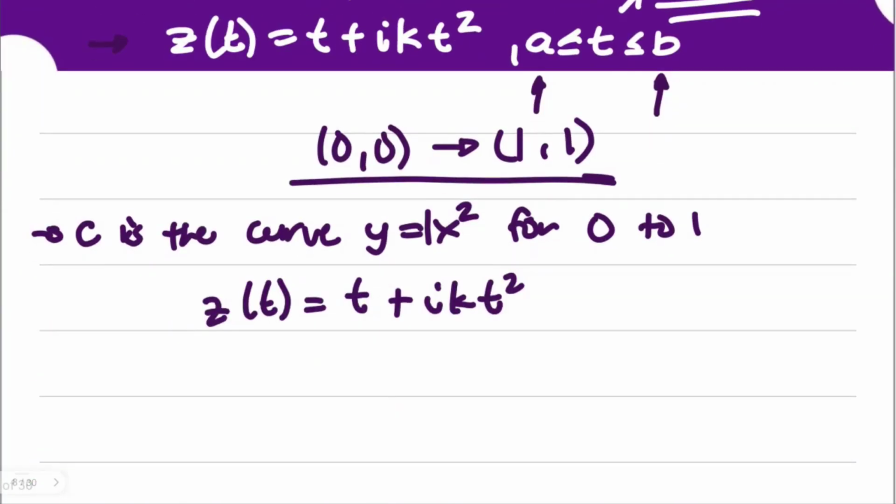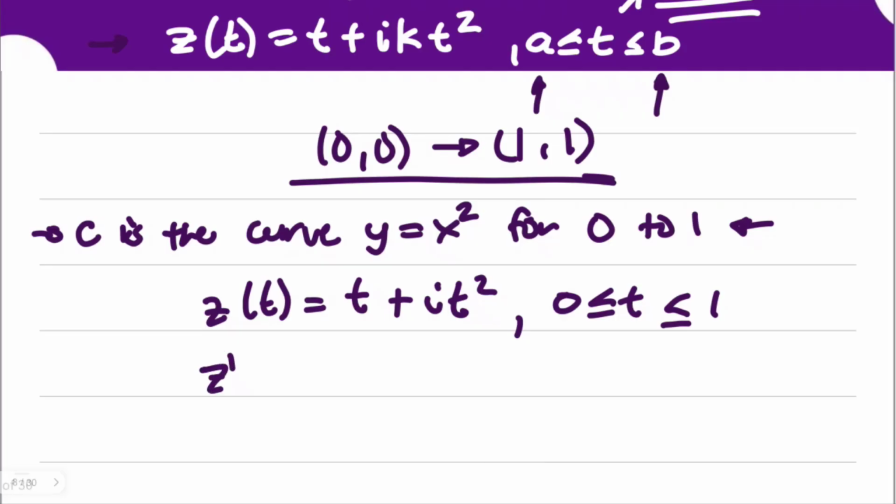So you just simply remove that k, therefore you will have t plus i t squared. So t is again from 0 to 1 as indicated by this condition. That is already its z of t form.